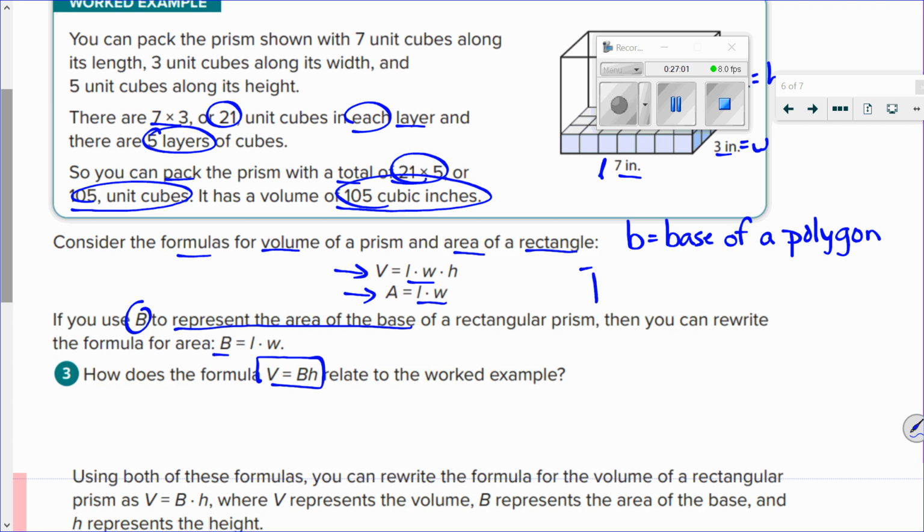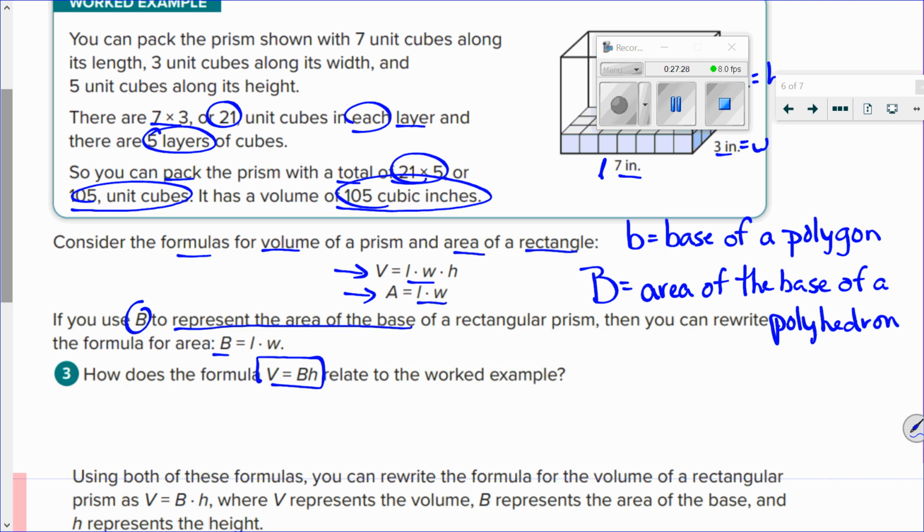We have the large B, which is the area of the base of a polyhedron. So add those two definitions into your modules.